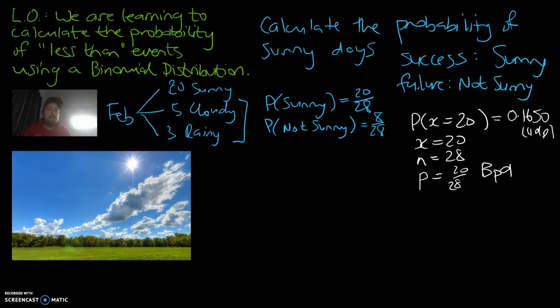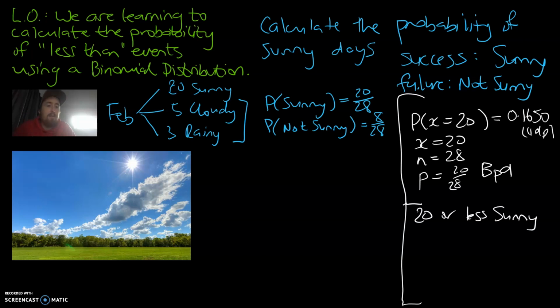I'm emphasizing this type of question because this is an exact question, the type we looked at in the last video. We're now going to look at a new type of question. What is the probability of there being 20 or less sunny days in a given February?